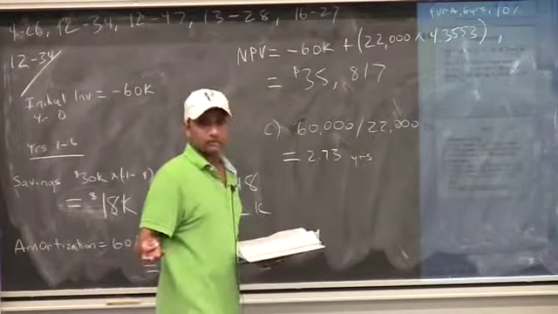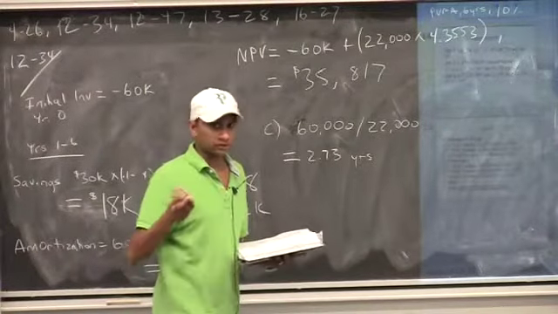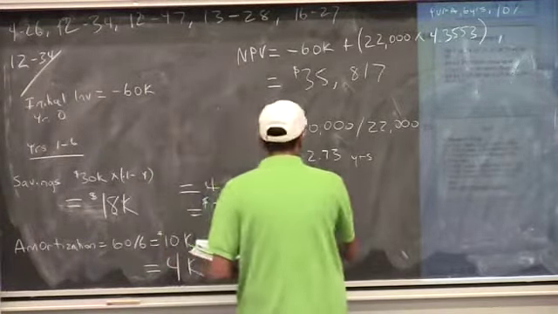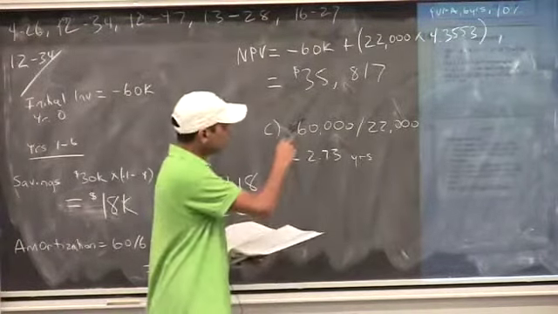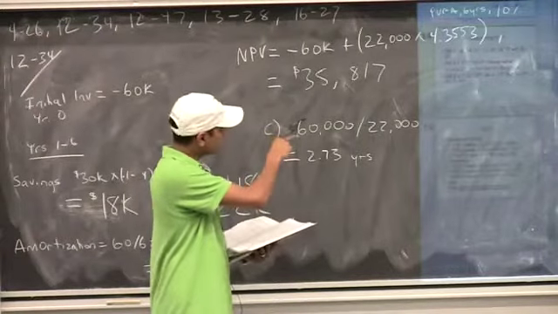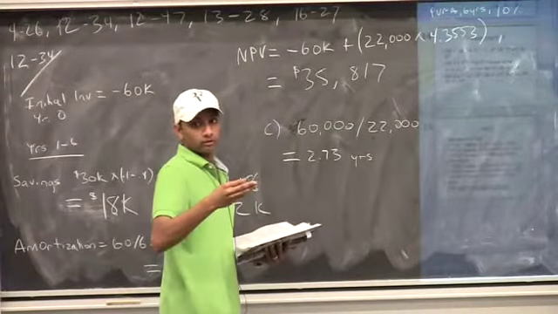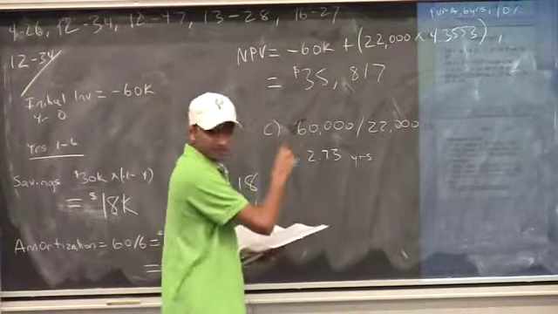The other way of doing it, let's just say the cash flows weren't equal. You know that's at least 2 years, because 22 twice is 44, and then you wouldn't have enough to cover the 60.